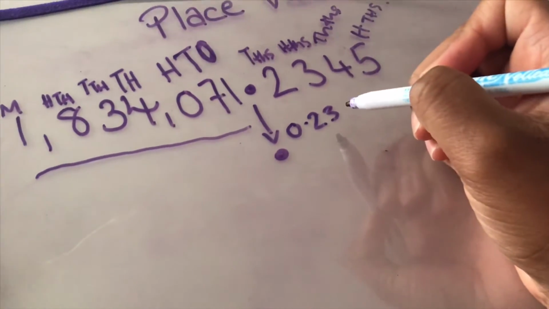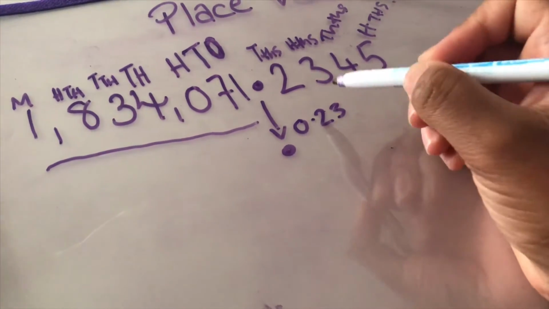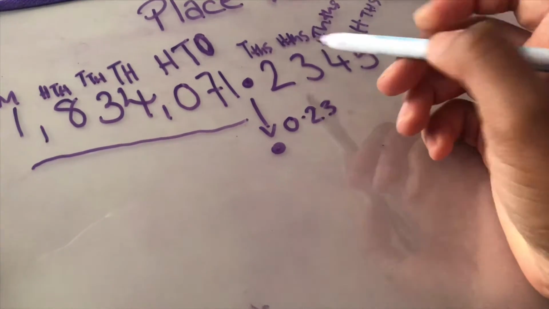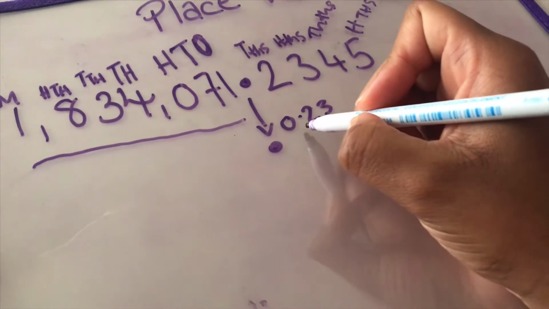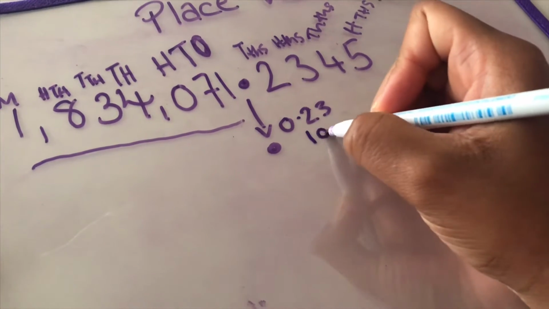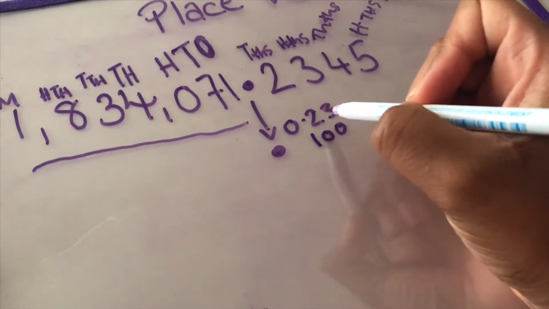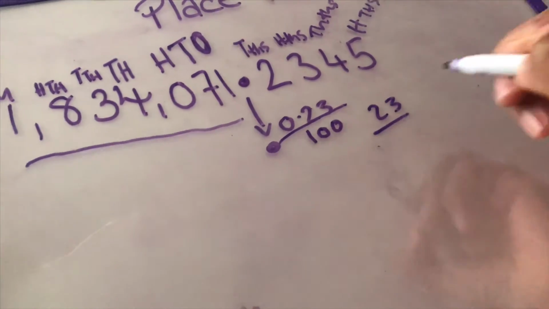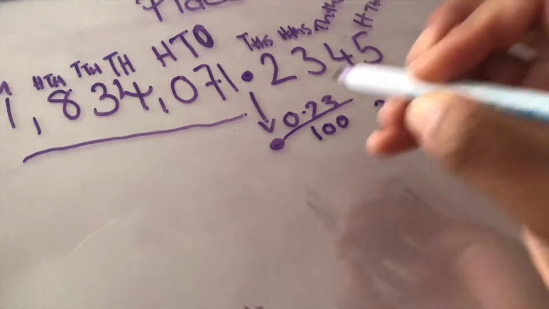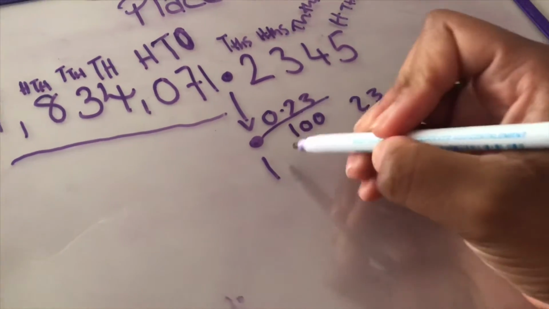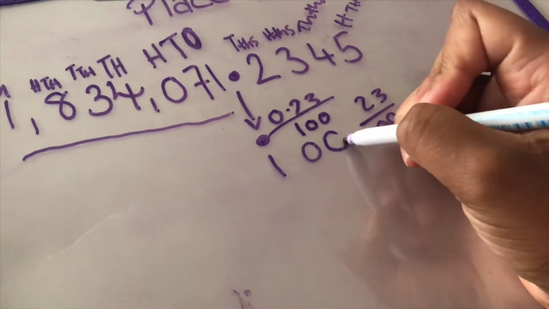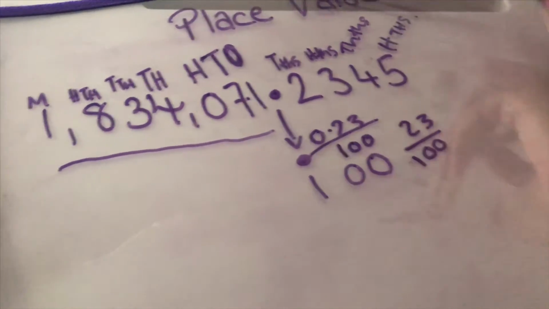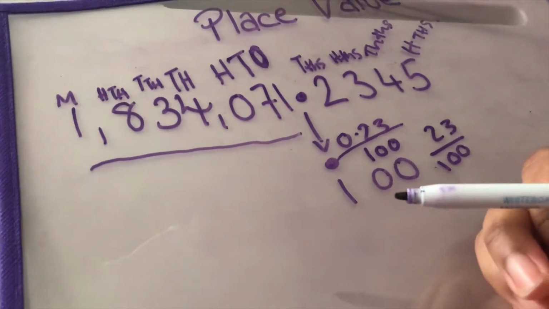If you were to turn this decimal into a fraction, this here is in the hundredths column, okay, and the 1 goes underneath the decimal point, and you fill in the rest to make 100. So that is 23 over 100. The 1 always goes underneath the decimal point, and then you fill in the amount of spaces until you get to the last digit, which is the hundredths column, 3. Let me know if that makes sense to you.